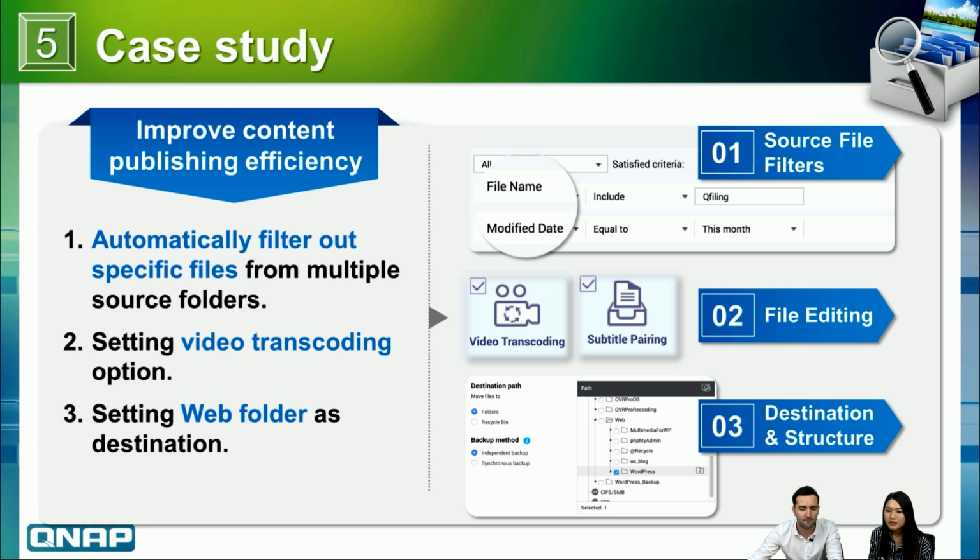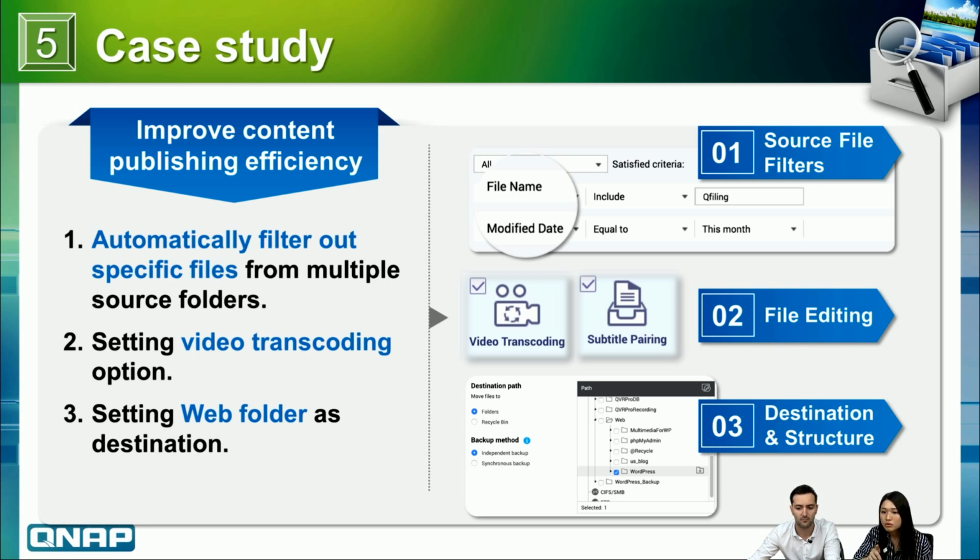And the last one is that if we want to publish some videos, we need to transcode the video, and every time we want to publish, we need to wait for the transcoding. It is very time consuming, so we can use Qfiling to do it automatically.